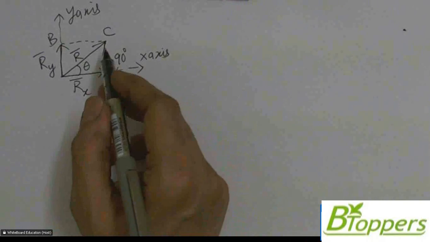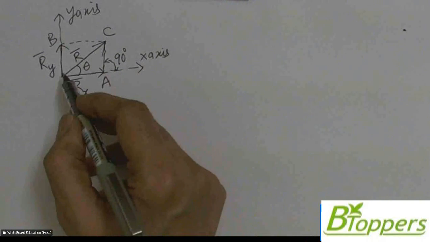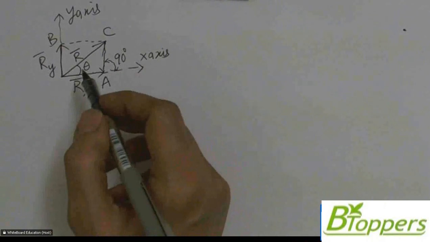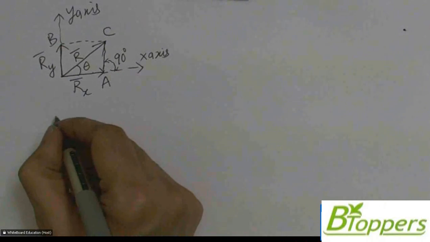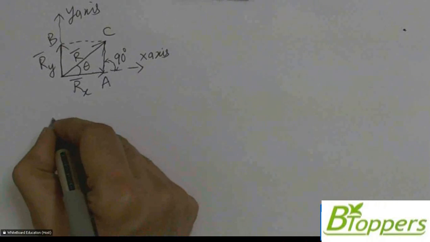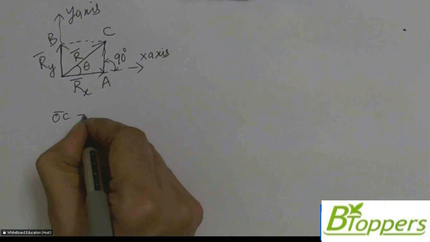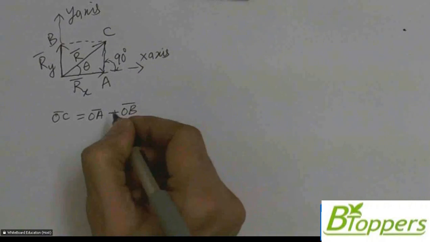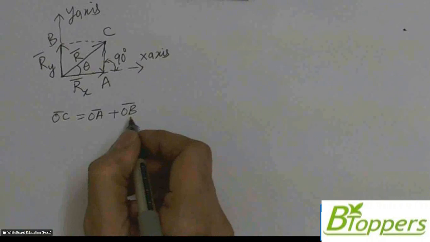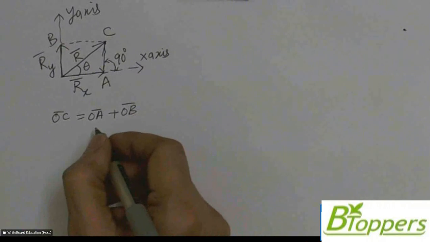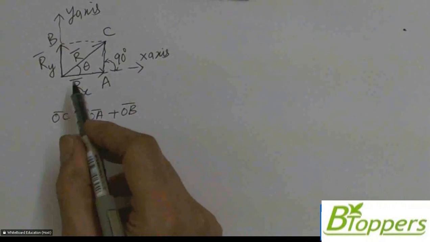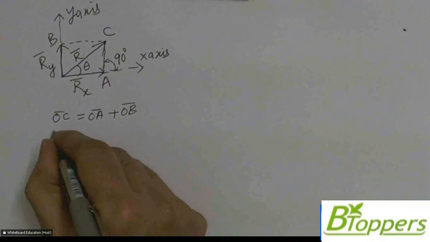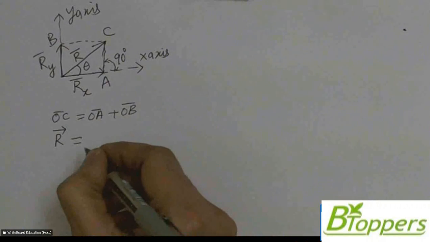Vector R bar is represented by the parallelogram law of addition of vectors along the directed line segment OC bar. Now from the parallelogram law of addition of vectors, OC bar can be written as OA bar plus OB bar. OA bar and OB bar can be called component vectors of OC bar. So here OC bar represents the vector R bar.